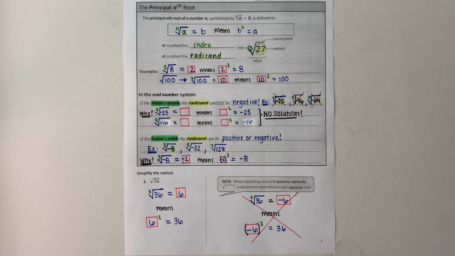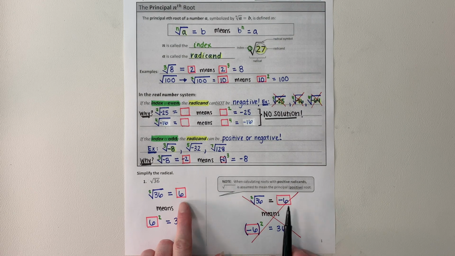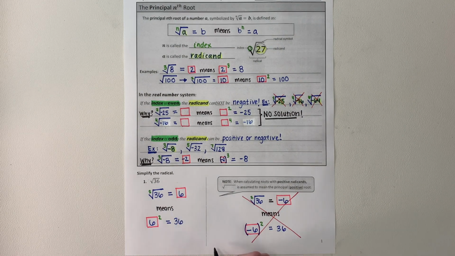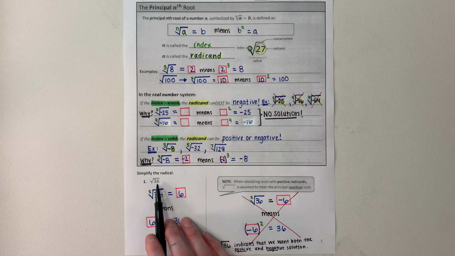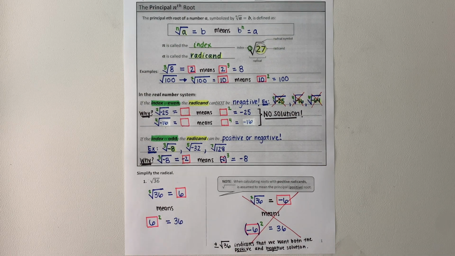If a mathematician wanted both the positive and negative solution, we would write plus or minus the square root of 36. If you see a plus or minus in front of your radical, then you can assume that we want both the positive and negative solution. But if you don't see a plus or minus out front, you can assume that when your radicand is positive, we only want the positive answer.